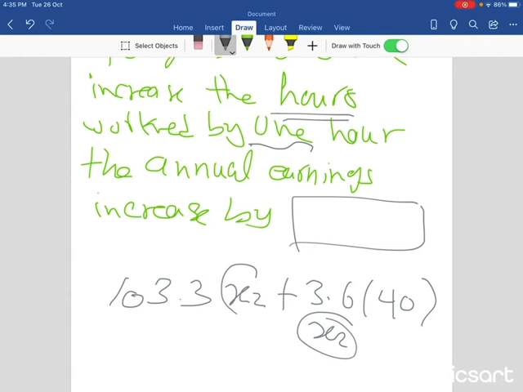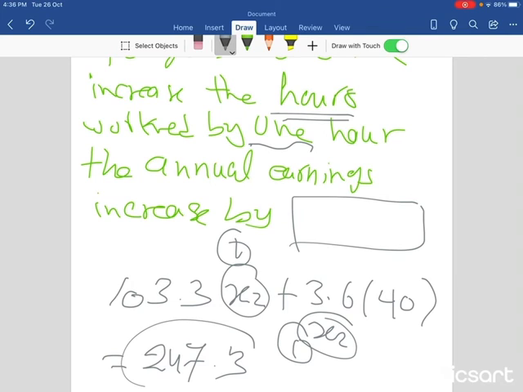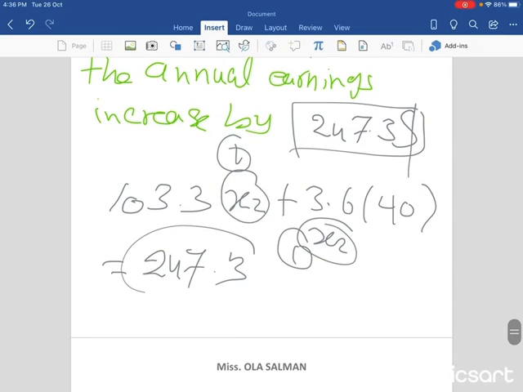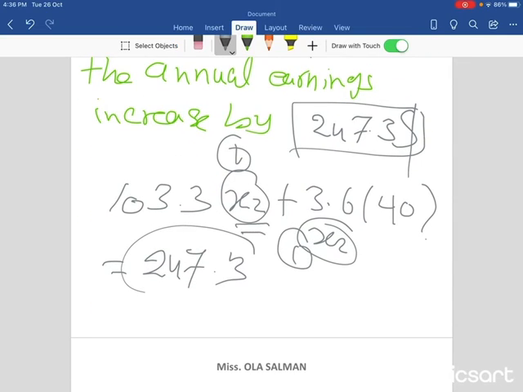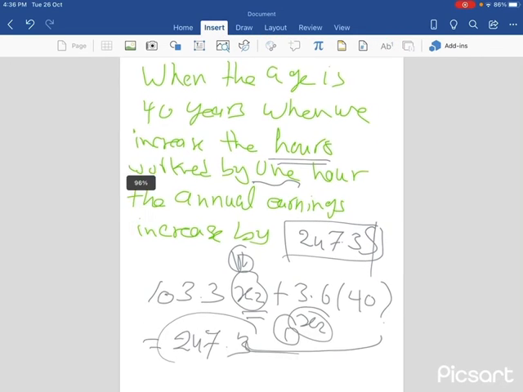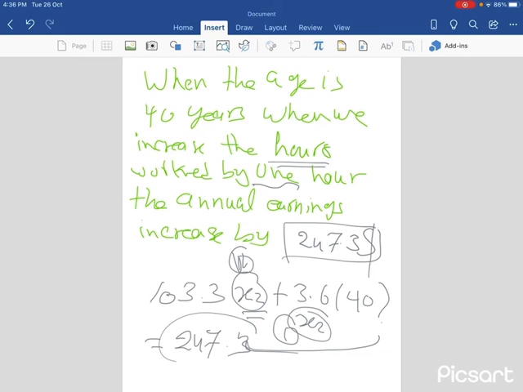So x2 you will remove, you will make it 1. When you add them, it will be equal to 247.3. This value you will put here: $247.3. So you choose the values with x2 and substitute them with 1, and you write here the intercept. Yes, that's easy. We'll move to the next.